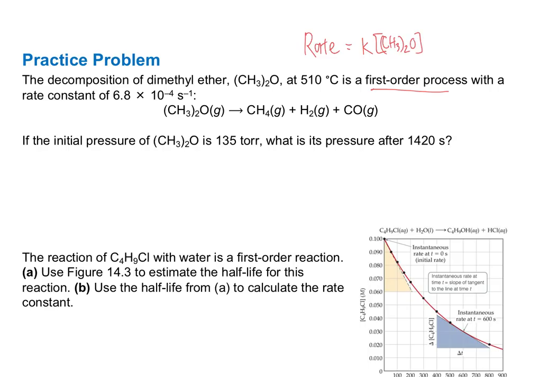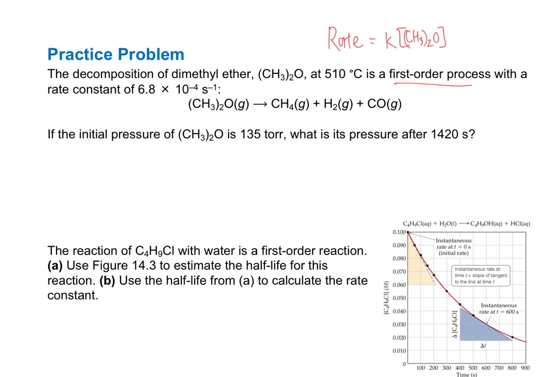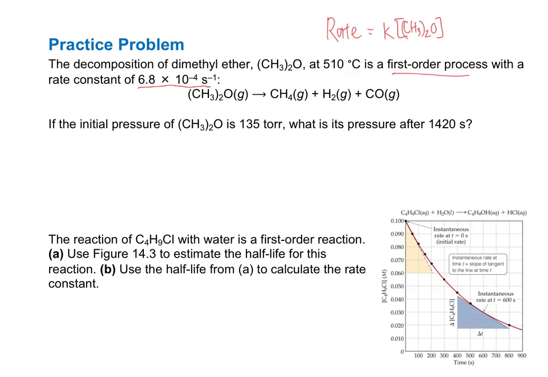But we also know that the function is going to follow the natural log formula. It tells us the rate constant value, and we have the chemical reaction. It tells us if the initial pressure is 135 torr, what is the pressure after 1420 seconds?